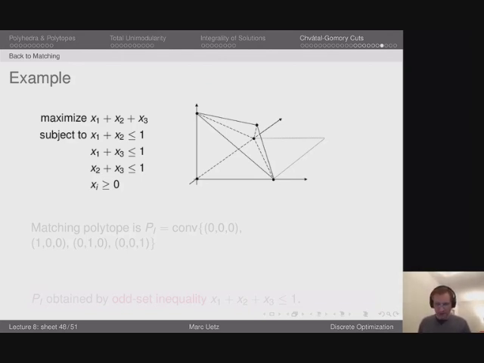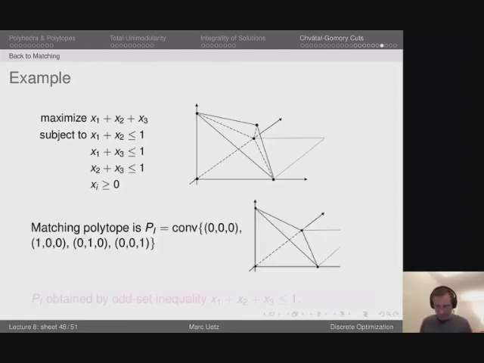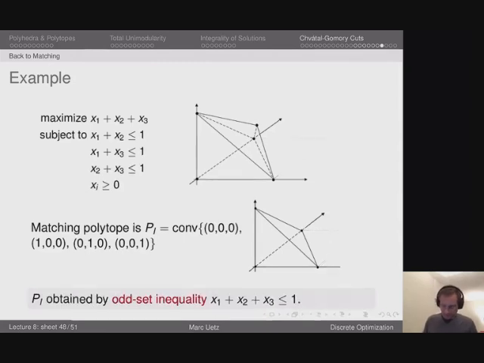And that is exactly, the underlying graph was an odd set itself. So that would be exactly the odd set inequality that I get for this odd set of the three nodes of the graph, which would be the odd set inequality x1 plus x2 plus x3 being at most 1, because among the three edges, right?